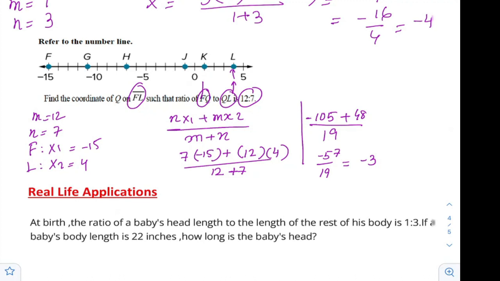So it will be at negative 3. So if you want to locate it, if this is 0, negative 1, negative 2, it will be somewhere here. Q will be here if you want to locate it.